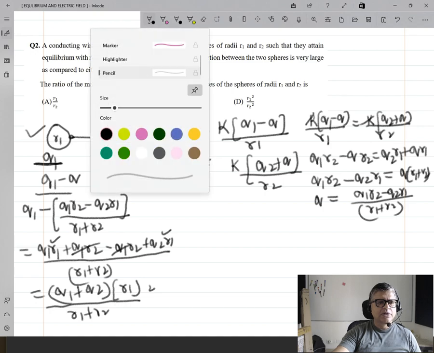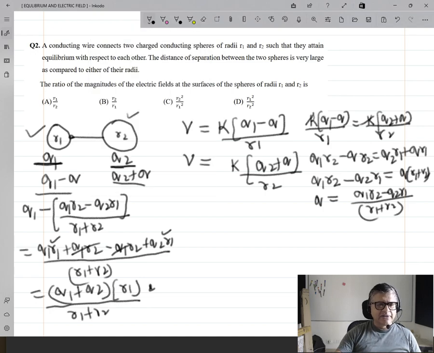So this is the charge on the first shell after equilibrium is attained.